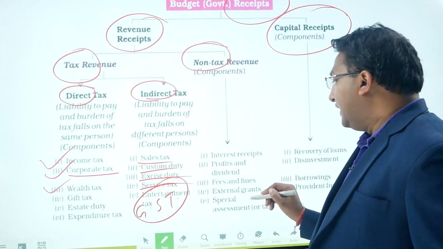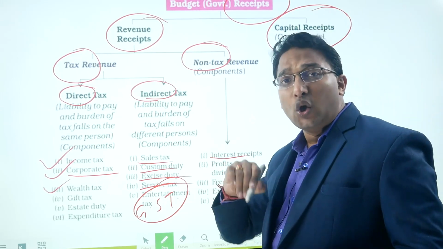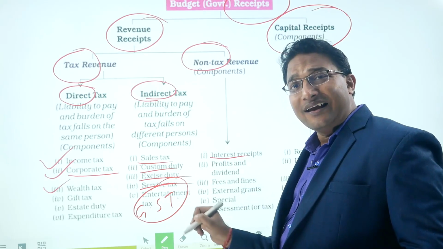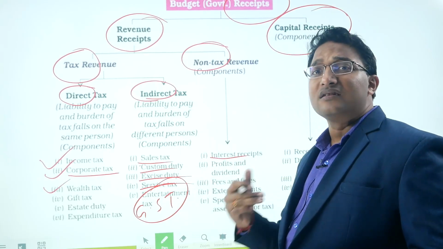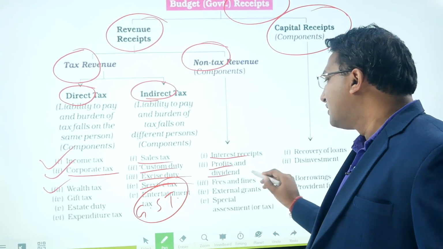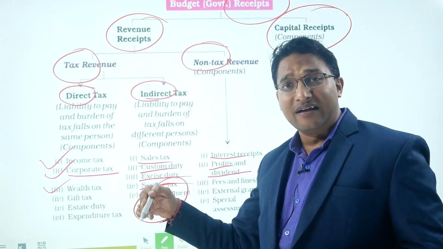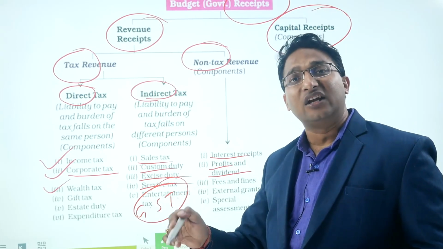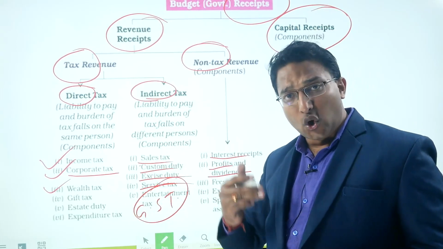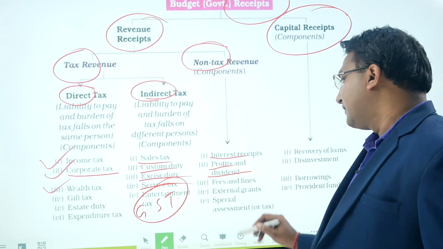Non-tax revenue can include interest receipt. So the government has given loans to the state governments and other entities, and it is receiving interest income on those loans. Profits and dividend. So the government has invested in some commercial entity, for example ONGC, NTPC, and it is getting its own share of profit. That is called profit and dividend.